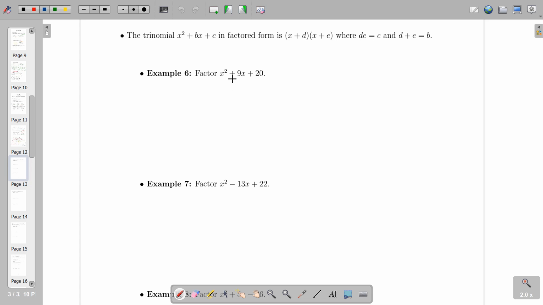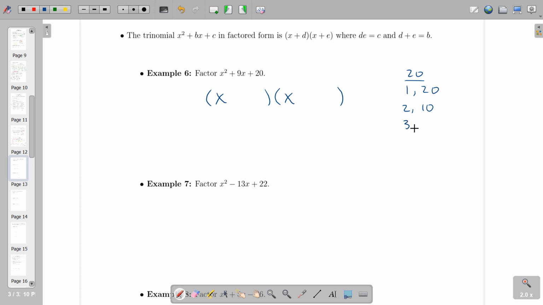All right, so this first scenario is where both the middle term and the last term are positive. When that happens, and you think about your last, you do what we did on the previous problems.